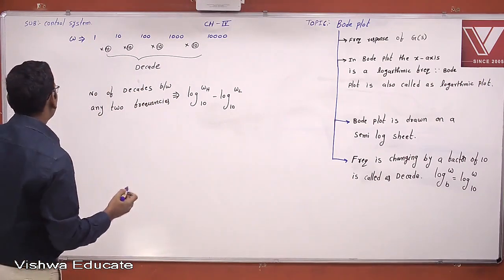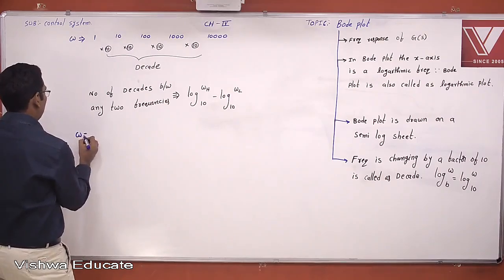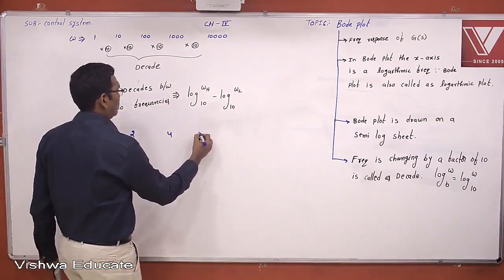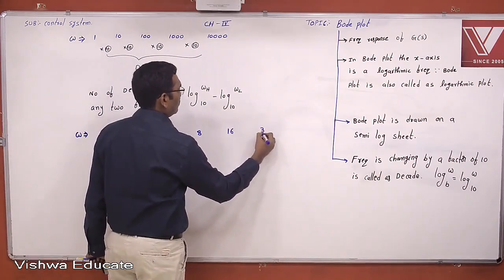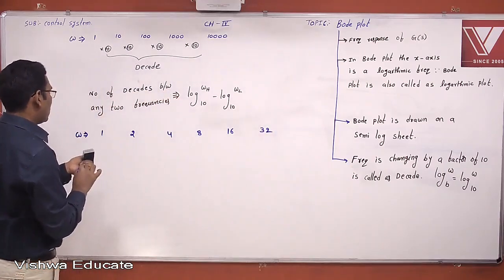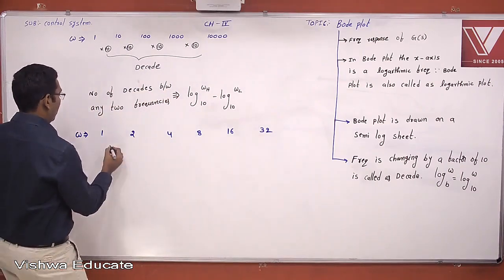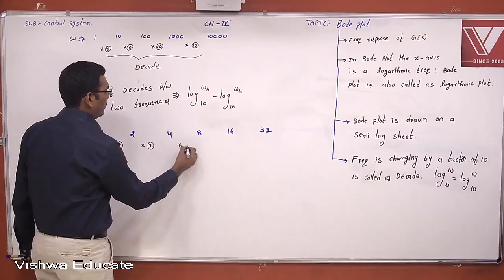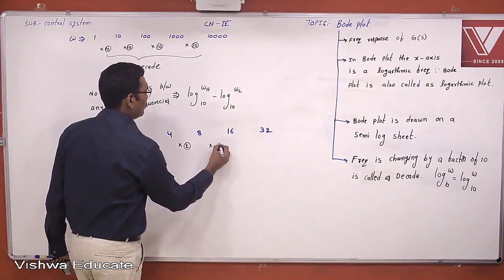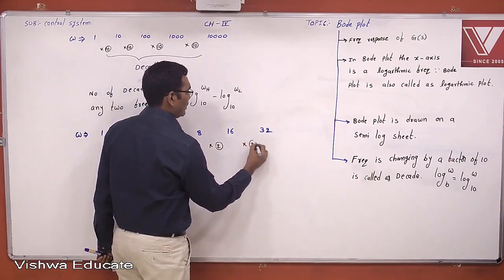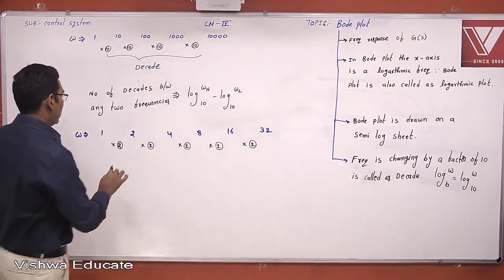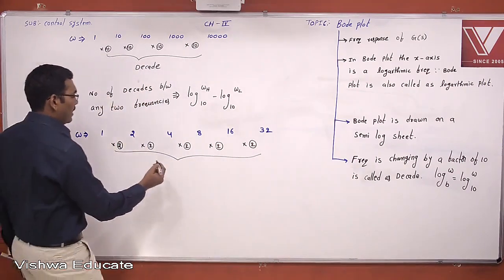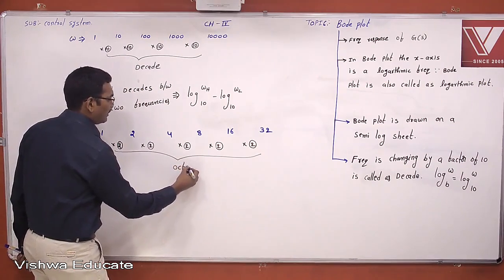In a similar kind, now the frequency is like this. If you see here, the frequency is 1 into 2, 2; 2 into 2, 4; 4 into 2, 8; 8 into 2, 16; 16 into 2, 32. Here the frequency is changing by a factor of 2.